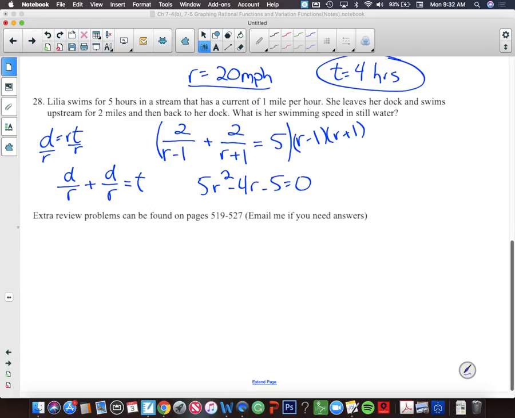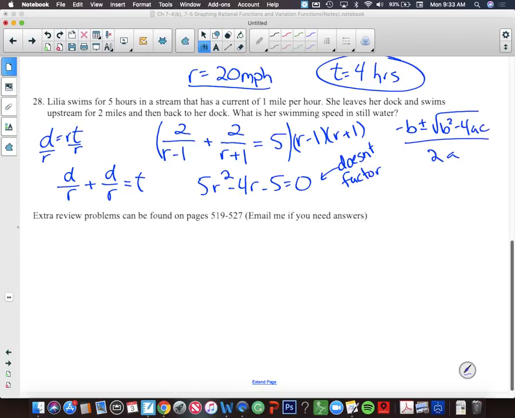And then it looks like the SMILE method. You're going to have a lot of time trying to factor that one. It doesn't factor, so then you have to use the quadratic formula. So it's negative b plus or minus square root b squared minus 4ac all over 2a.